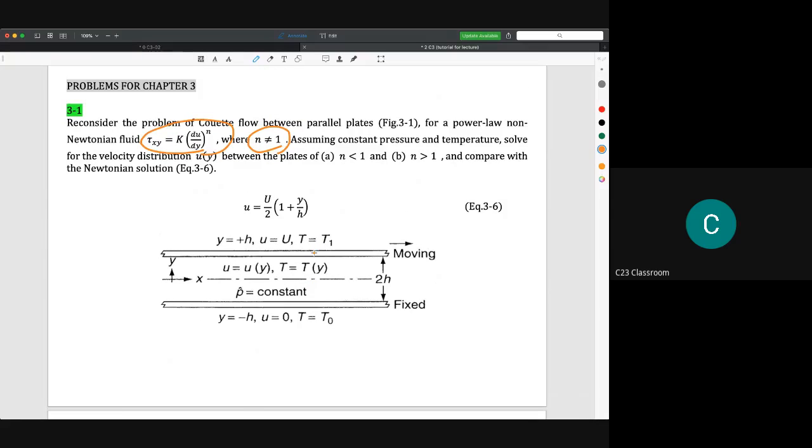You just imagine that you have something which is not equal to 1. For example, we start with the idea of 0 previously being mu d squared u over dy squared.